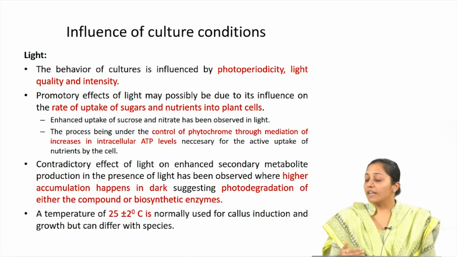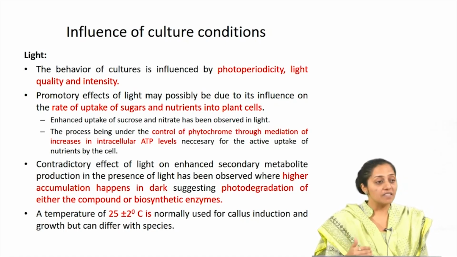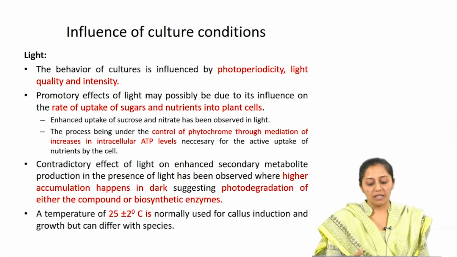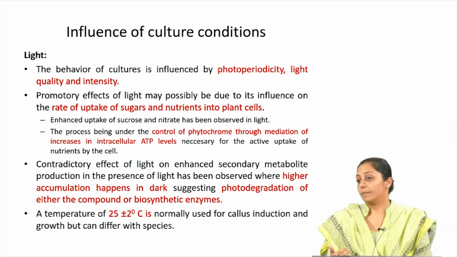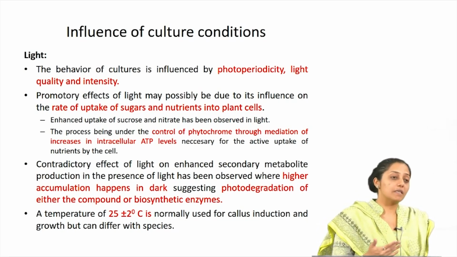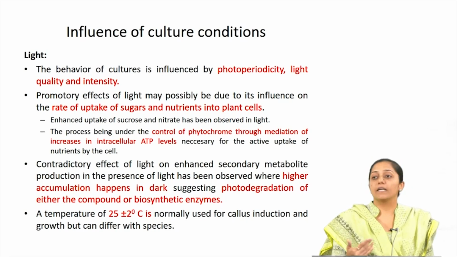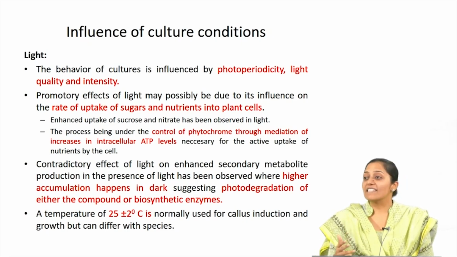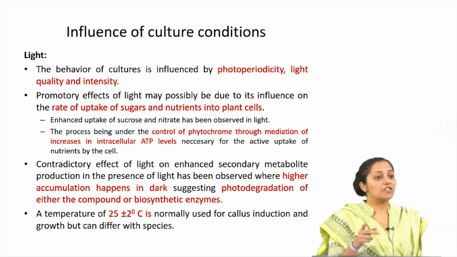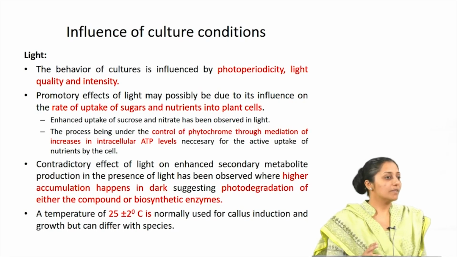So, a contradictory effect of light on secondary metabolite production has also been observed, where higher accumulation happens in the dark. Now, sometimes in nature a particular secondary metabolite is known to be synthesized in the underground parts. So, now getting synthesized in the underground parts, the regulation might not be with light.